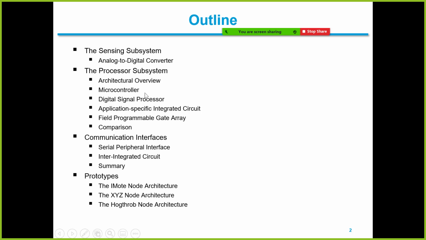For the processor, we can use a microcontroller, a DSP (digital signal processor), an ASIC (application specific integrated circuit), or an FPGA (field programmable gate array). So these are the options for the processor. But usually the most widely used one is the microcontroller.